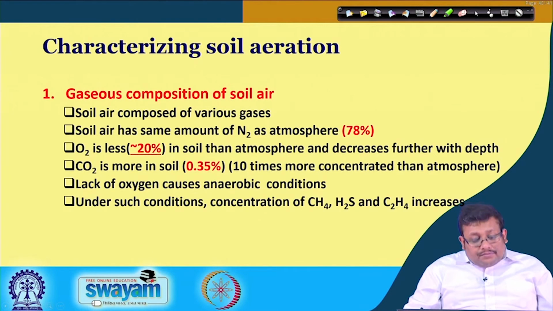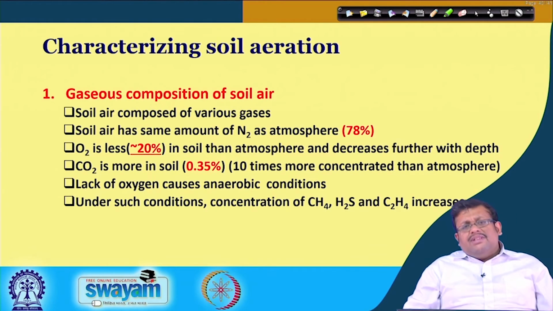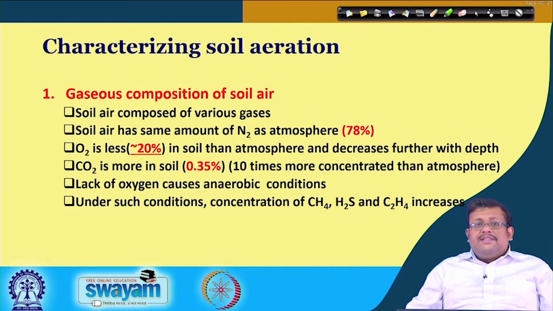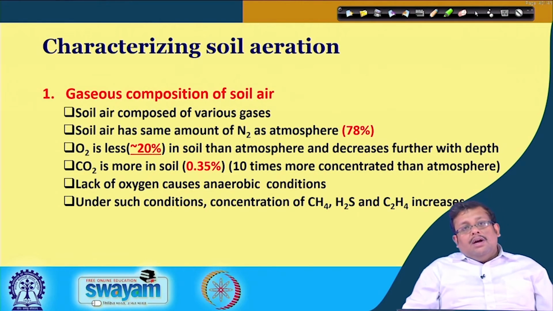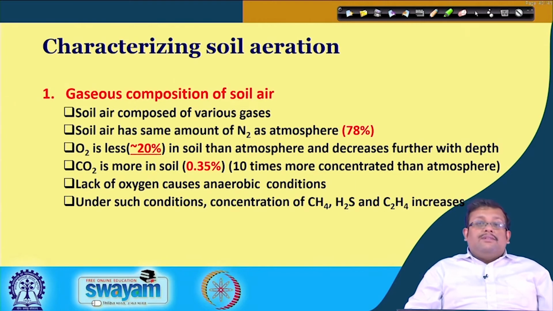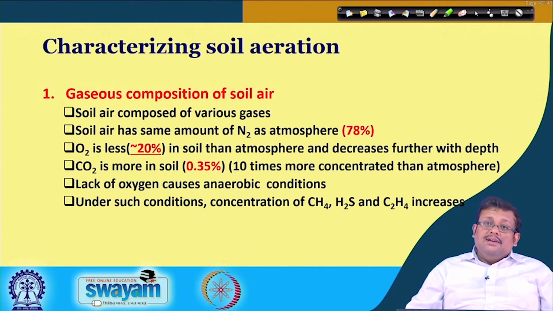So, how can we characterize soil aeration? First, let us see the gaseous composition of soil air. Soil air is composed of various gases, and it has the same amount of nitrogen, which is around 78%, as the atmosphere.